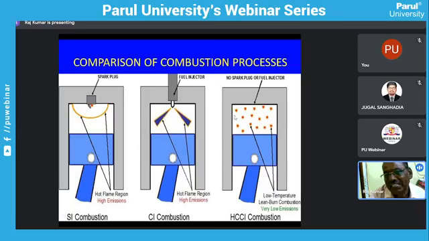So if we are changing the compression ratio, we are able to control the process. In case of HCCI engine, we are able to completely control the burning process of fuel and air mixture. If we are able to control the burning process, we are able to control pollution and we are delivering maximum output from this type of engine. So this is the basic difference.